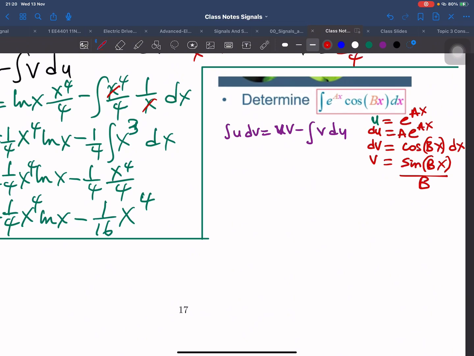So now put the parts into the formula. What we have now is uv, that is e^(ax) multiplied by sine bx over b, minus the integral of sine bx over b.